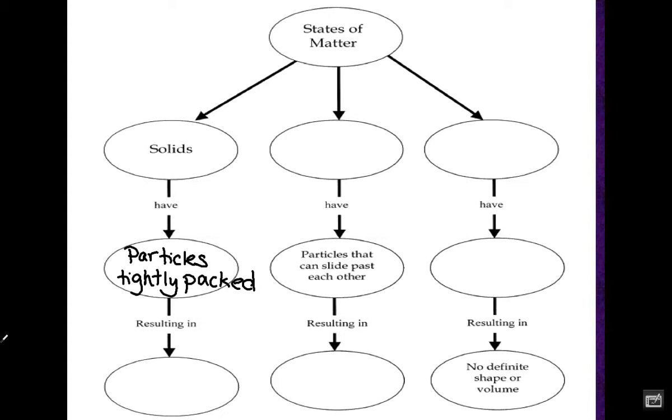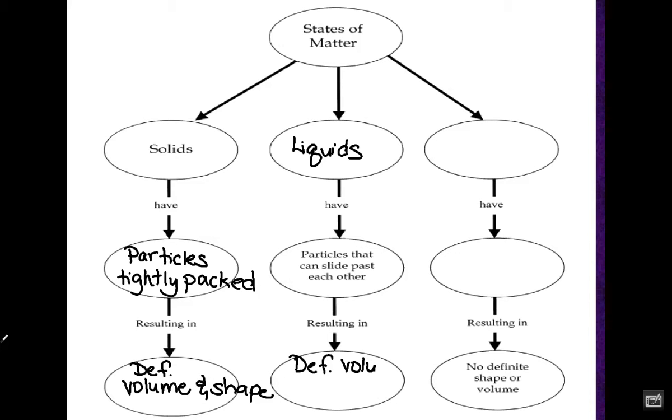And that results in a definite volume and shape. The state of matter that has particles that can slide past each other are liquids. And they have a definite volume, but no definite shape.